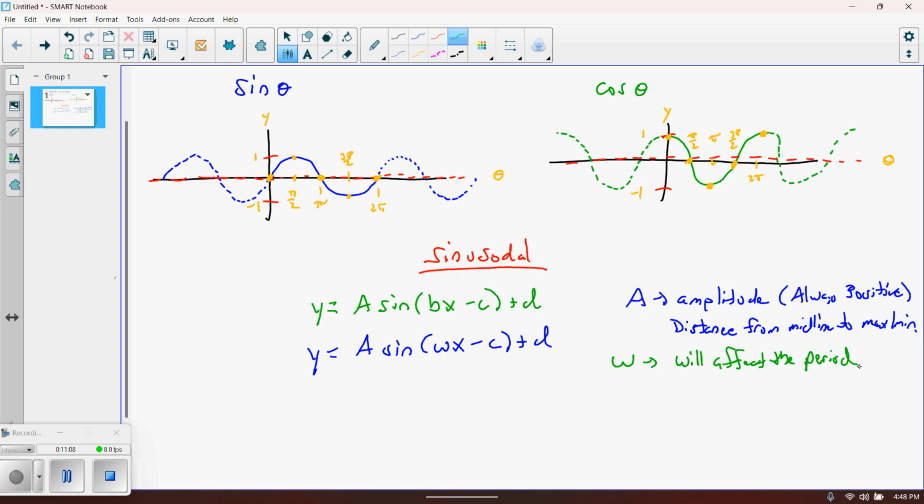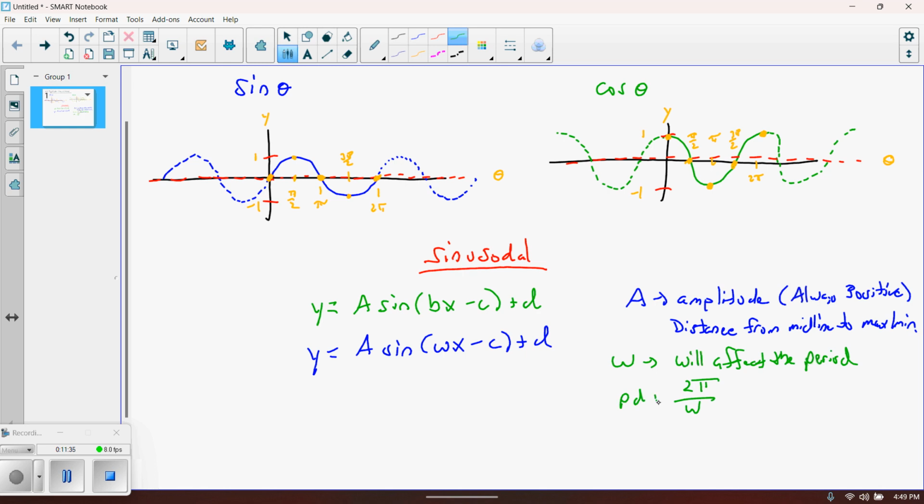The way you're actually going to be able to figure out the period, for sine and cosine specifically, is you're going to take 2 pi and divide it by omega. So your period is going to be 2 pi divided by omega.